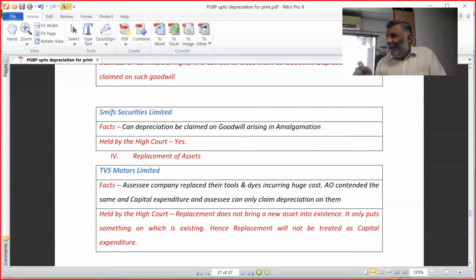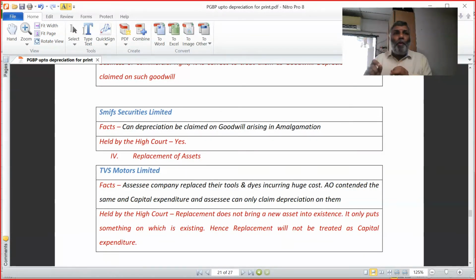Repainting is repairs, is replacement of an existing paint, so it will not be treated as capital expenditure. Don't look at the quantum, look at the purpose.